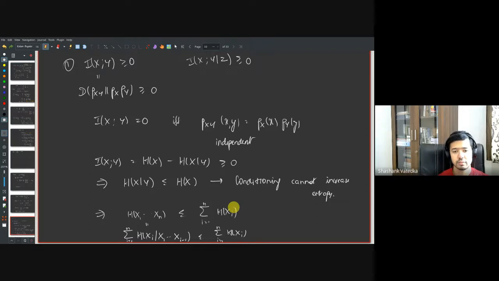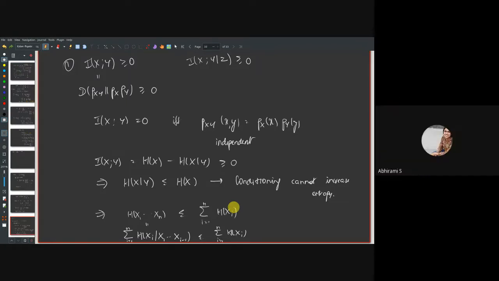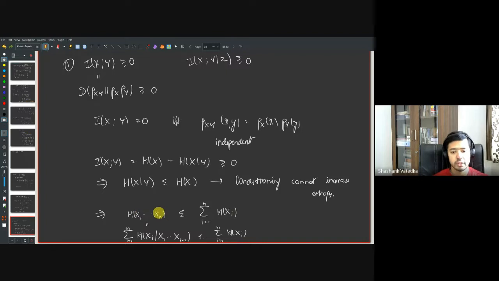Okay. Any questions? So can you repeat the last point? The LHS, what did you say? So this is the joint entropy of the sequence, right?